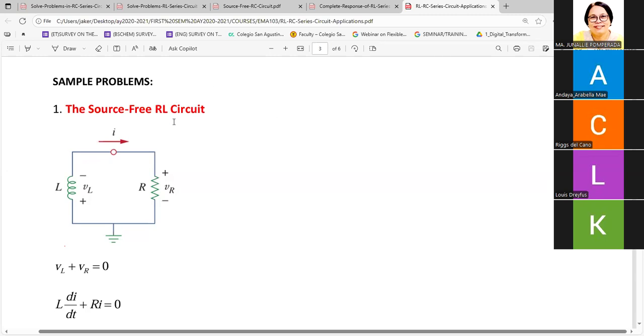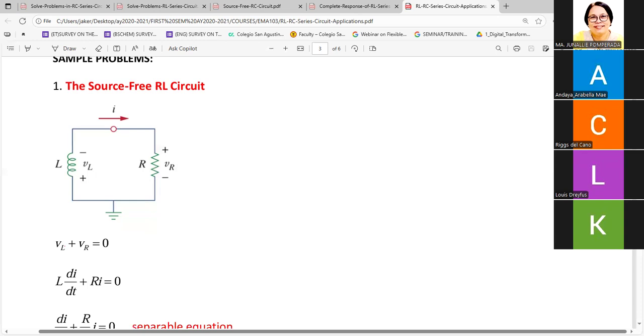So if your circuit is a source-free RL circuit, meaning it doesn't have any electromotive force, or E is equal to 0 because it doesn't have a source, it only has the resistance and the inductance, it would be something like this. So you have current I passing through your circuit element. According to Ohm's law, from your physics, the voltage drop across all circuit elements is equal to 0.